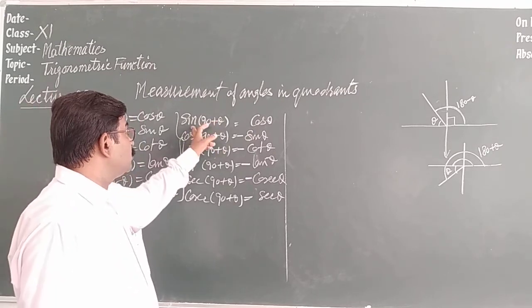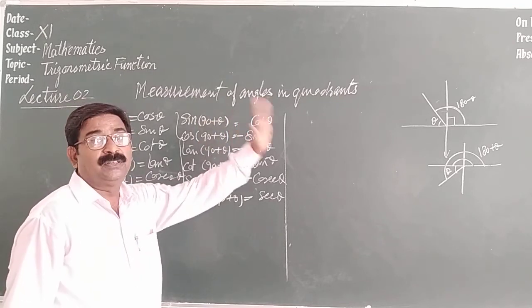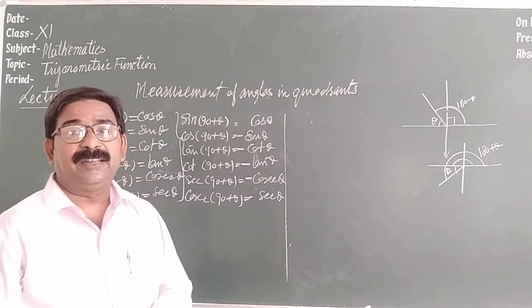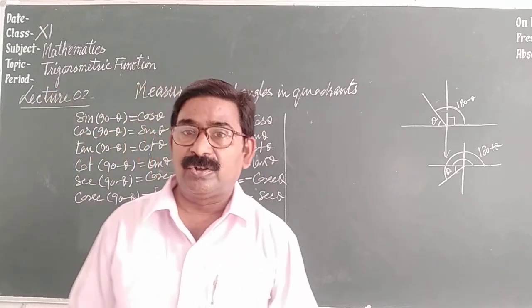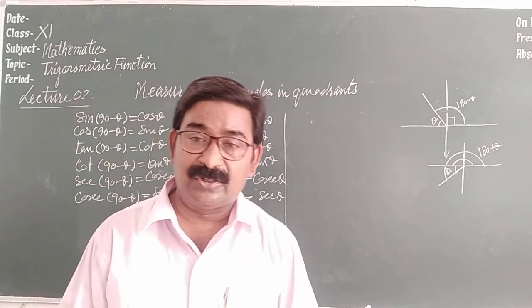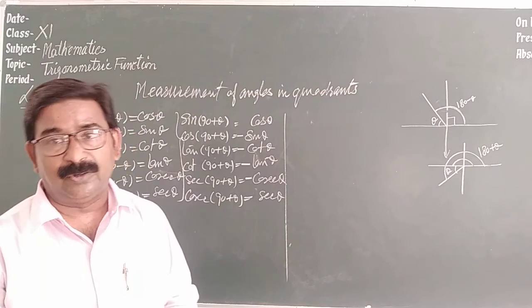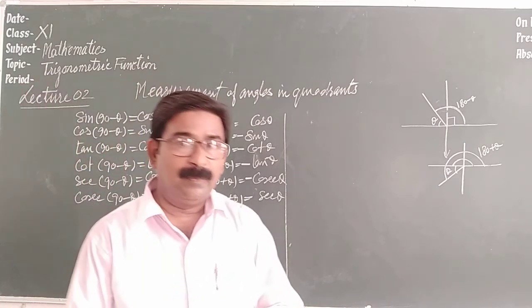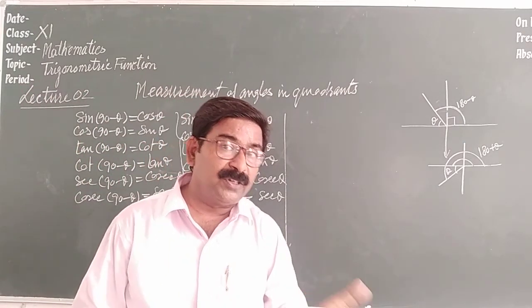So ratios are converted into another ratio. Like sine converts into cos, cos converts into sine, tan converts into cot, cot converts into tan, sec into cosec, cosec into sec. Means the ratio converts into another ratio.